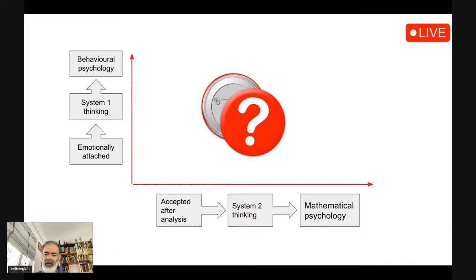Some consumers take a long time to migrate from system one to system two. Some start system two immediately, within a split second. Critical types of consumers start system two fast, but emotionally attached consumers start system two late.